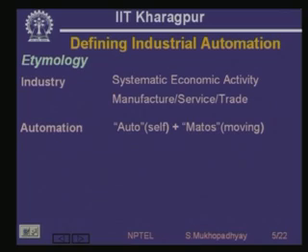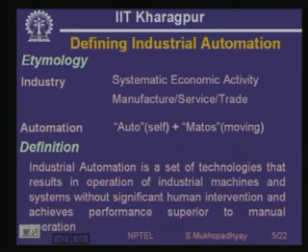So, together an automaton is a device or an object which moves by itself. Now, this is the essence of the word automation, and from this you can very easily understand the definition of automation which I have coined.